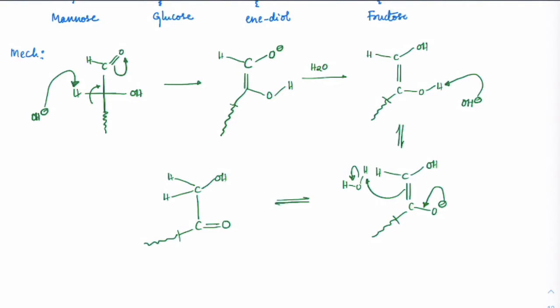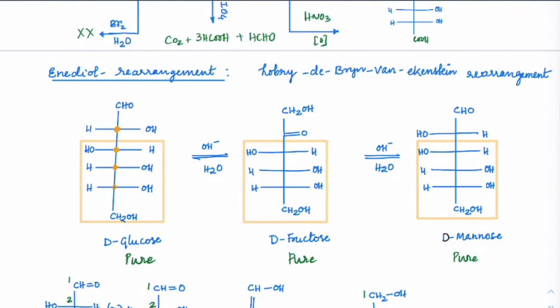If you observe all of this, H, OH, H, H, H, OH, OH, OH, H, H, H, H, OH, OH, the tail is exactly the same in glucose, fructose and mannose.